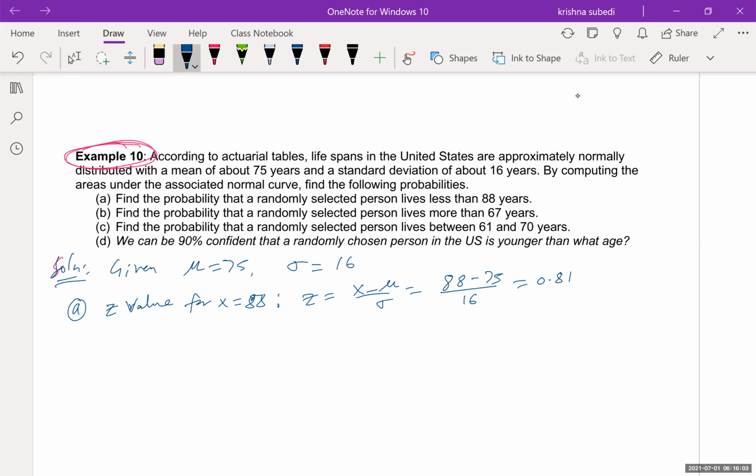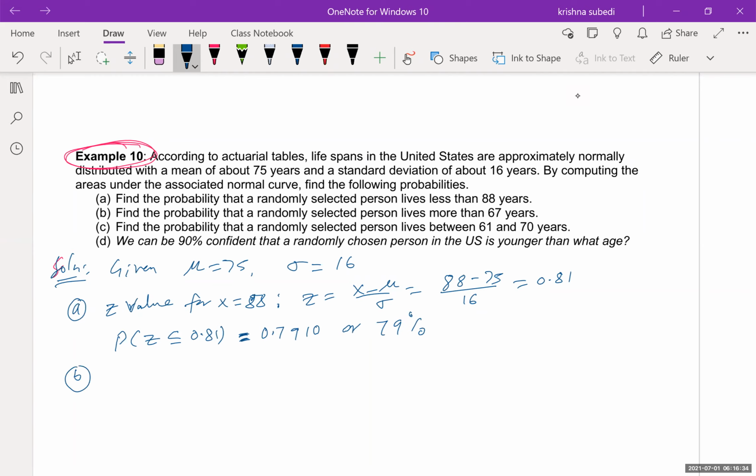And so the probability of z less than or equal to 0.81 is given just by looking at the table, and you already wrote it there. I trust that you wrote it in the chat box, and I trust that that is the correct answer. It's going to be 0.7910, or you can say approximately 79%.